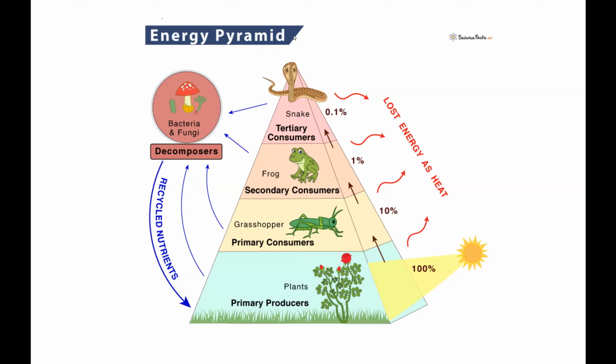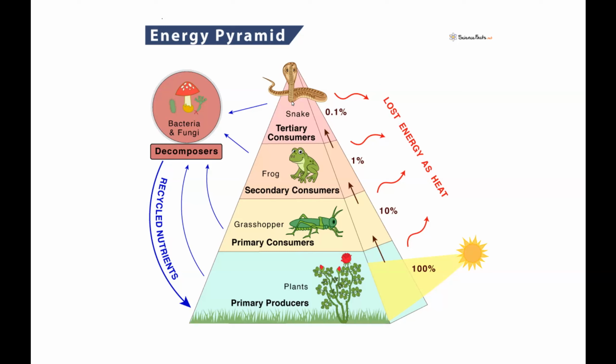If we went on up to the hawk, it would be 0.01 energy. And so what happens at each level of the food chain, the organism itself uses a good bit of that energy and loses a good bit of that energy as heat. So only 10% of the energy is passed on as it moves up.